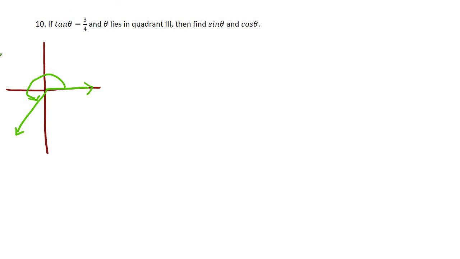Problem 10, I'm told that tan theta is 3/4 and theta lies in quadrant 3. Now I know that tan theta is defined as y over x, and I know that tan theta equals 3/4. But that does not necessarily mean that y is 3 and x is 4. This 3/4 is the simplified ratio.